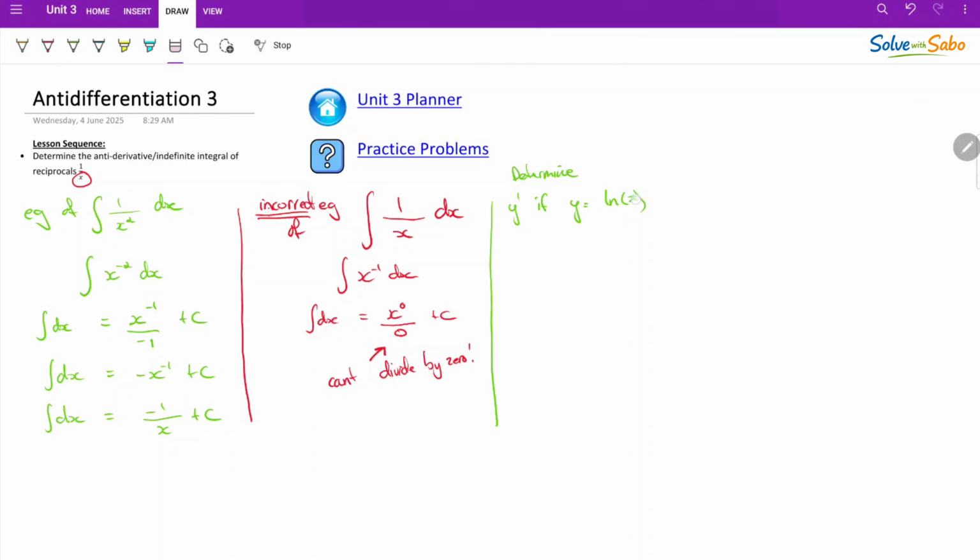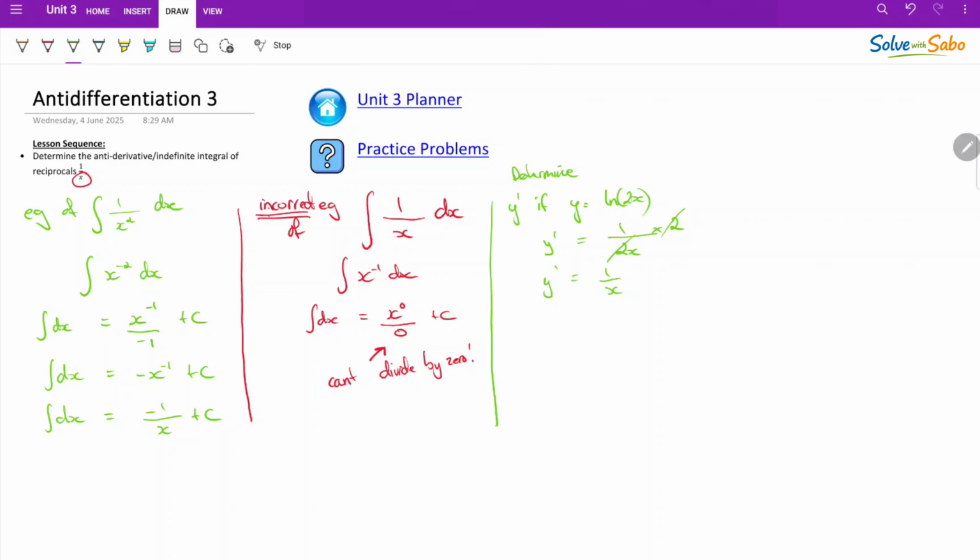Well, let's do a harder one, to be honest. Let's go ln of 2x. When we do the derivative, we do 1 over whatever's in the brackets, and we multiply by the derivative of whatever's in the brackets. These 2's will cancel out, and the derivative is going to be 1 over x.